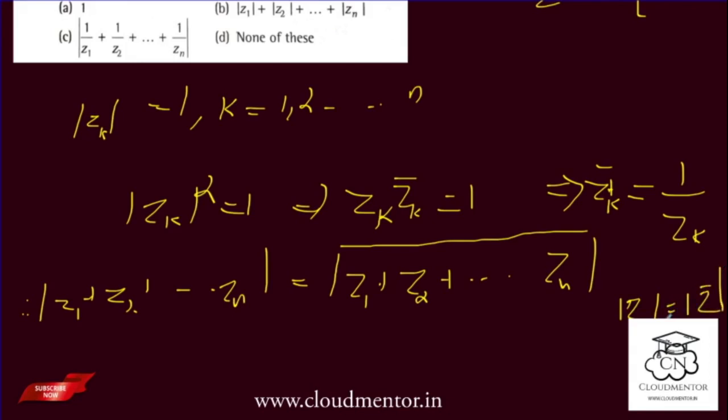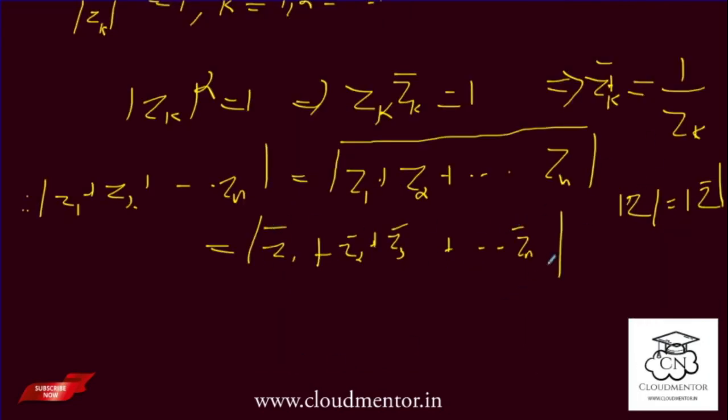Okay, and now that is equal to, we can split that conjugate into individual terms, that is z1 bar plus z2 bar plus z3 bar plus etc up to zn bar.